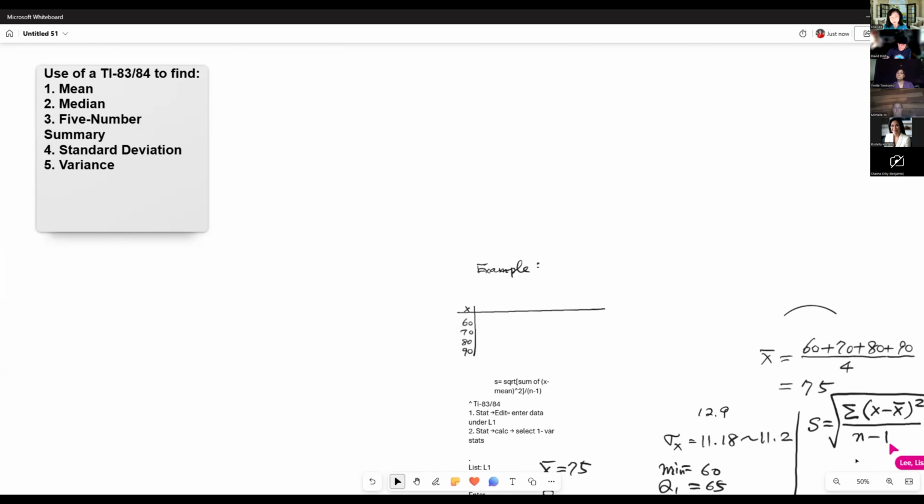I want to clear this out. Use the arrow key, go up to L1, then hit clear. Hit clear, don't hit delete. Then go down. Everything is gone. So try practicing that: go up, hit clear, then go down, and everything will be out.